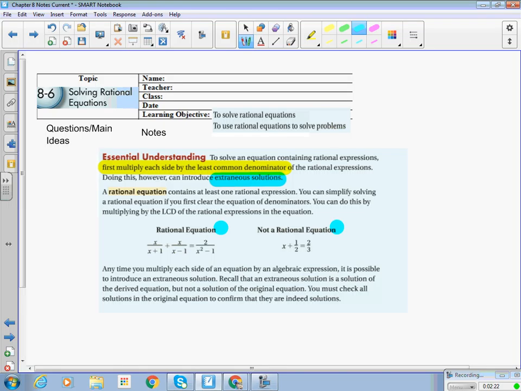So once you find your answers, so x equals 4 and 12, you have to plug them back into the original equation and test them. An extraneous solution is a solution of the derived equation, but not a solution of the original equation. You must check all solutions of the original equation to confirm that they are indeed solutions.